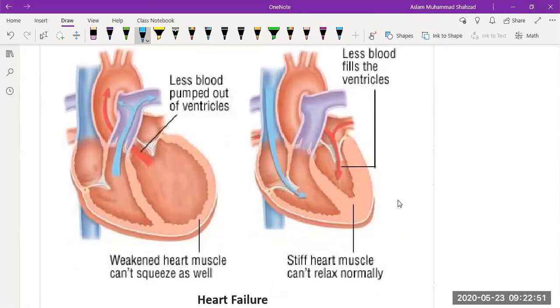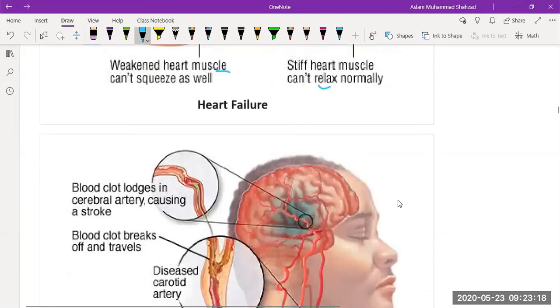The heart muscles weaken, the blood is not pumping properly, and less blood is pumped out, and it can lead to heart failure. Or the heart is not relaxing normally, and the stiffness of the myocardium or the ventricles results in less blood filling the ventricles. So those are all reasons for heart failure.